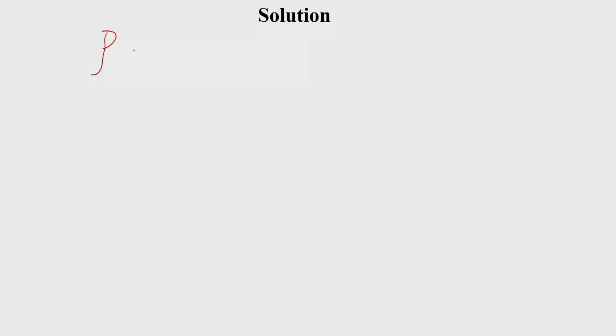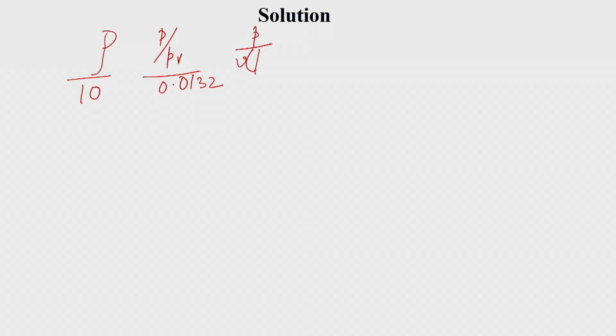Suppose P is 10, then P by P_v will be 0.0132 and P by V into (P_v minus P) will be 0.0187. When it is 20, it will be 0.0263, then 0.019.